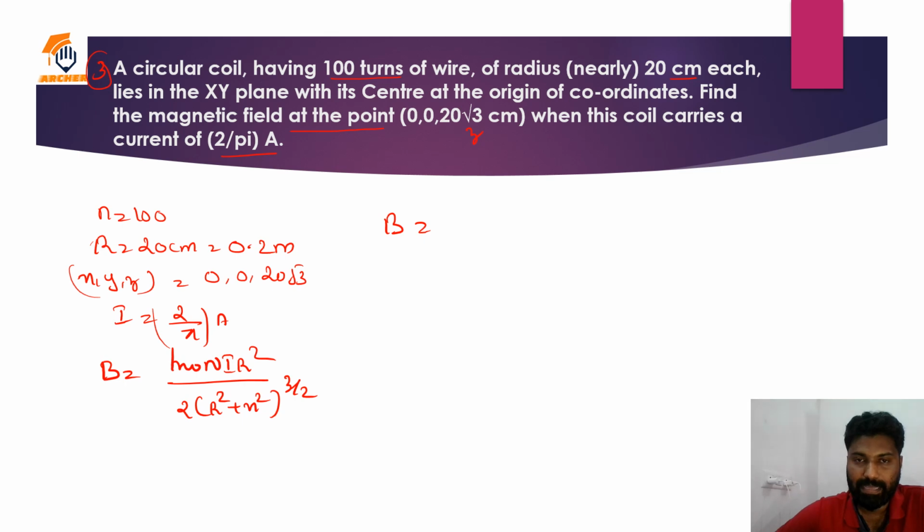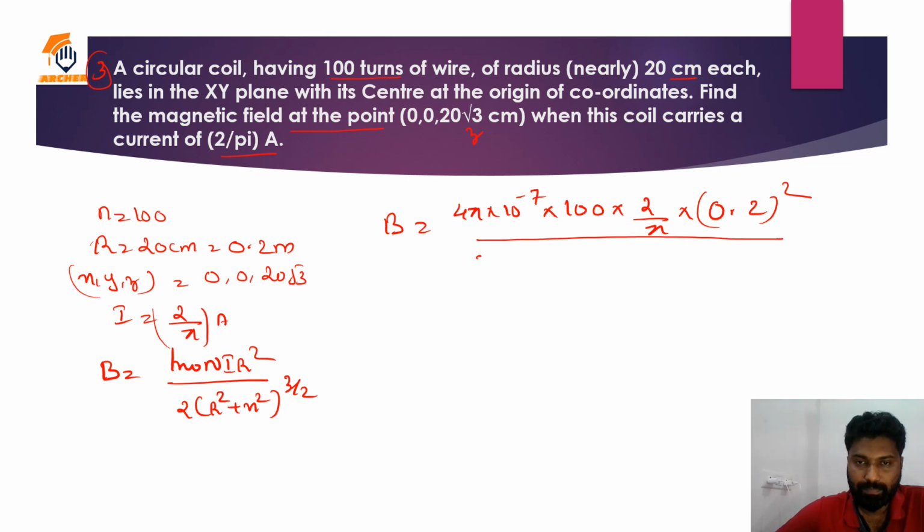We get B = 4π × 10^-7 into n is 100 turns into I is 2/π into R is 0.2, the whole squared, divided by 2 into (0.2)² plus, here instead of x we are taking z, (0.2√3) the whole squared, the whole raised to 3 by 2.